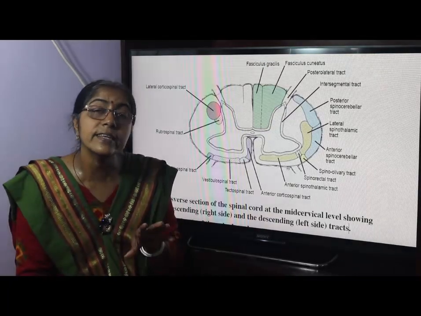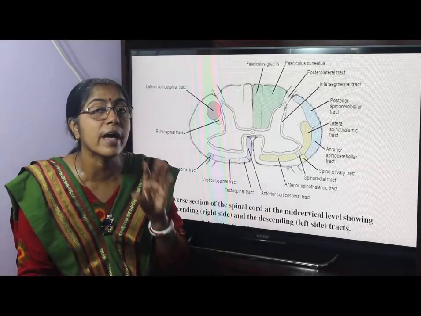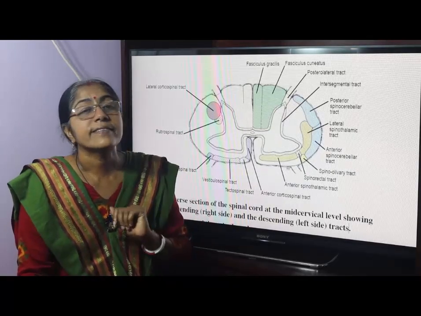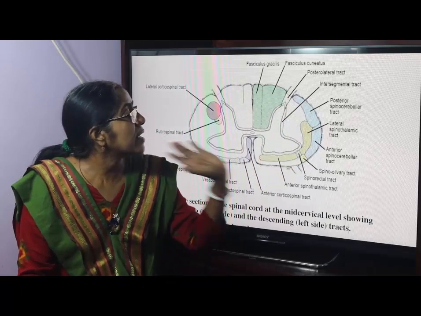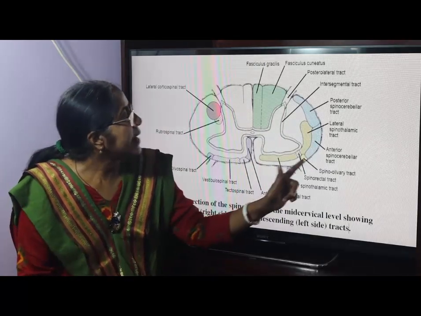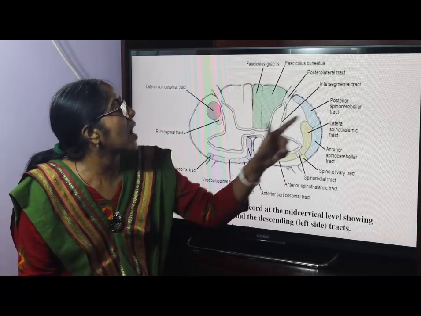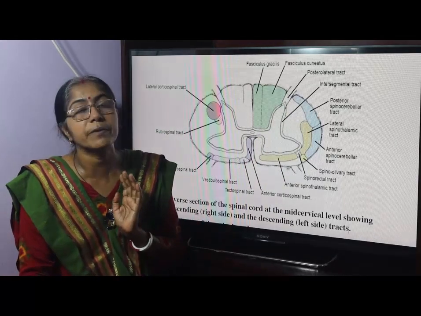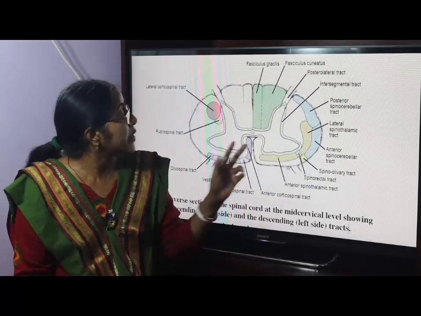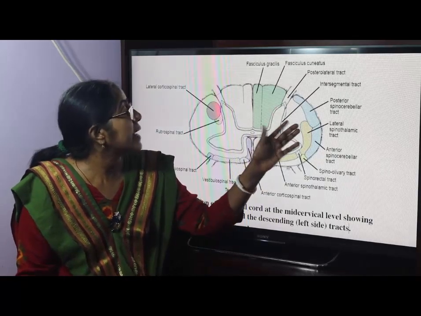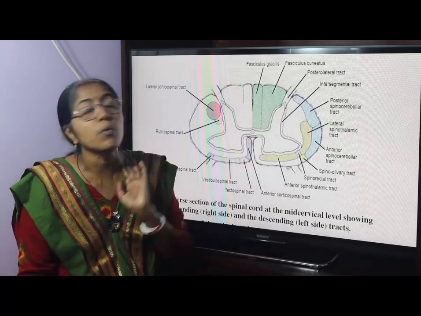These are the descending tracts, which are also termed as motor tracts. And these are the ascending tracts: anterior spinothalamic tract, lateral spinothalamic tract, anterior spinocerebellar tract and posterior spinocerebellar tract. The white matter of the spinal cord is divisible into anterior white column, lateral white column, and posterior white column.